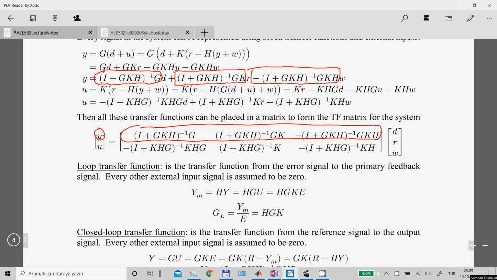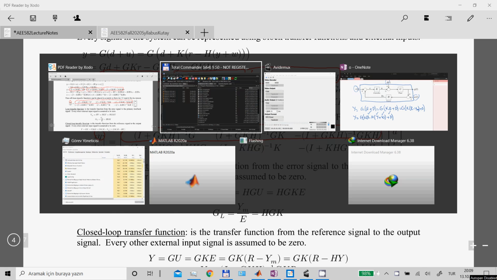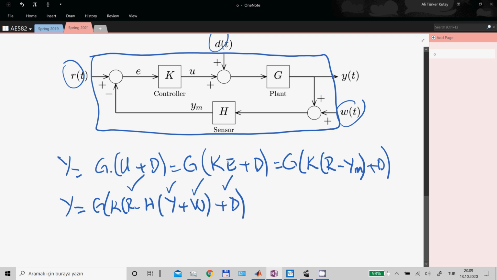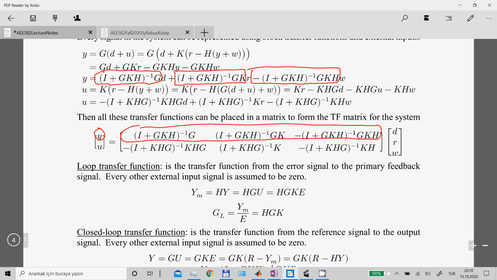You may have a much more complicated block diagram than this one, and as long as you know what you're doing, you should be able to write transfer function matrices for your control system.